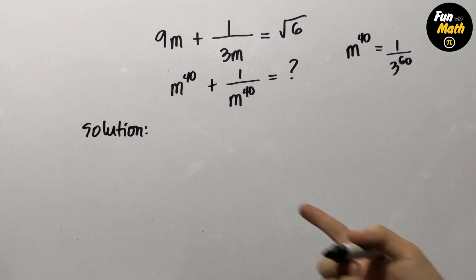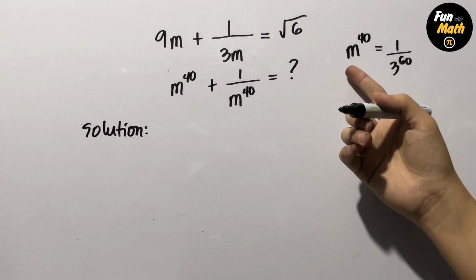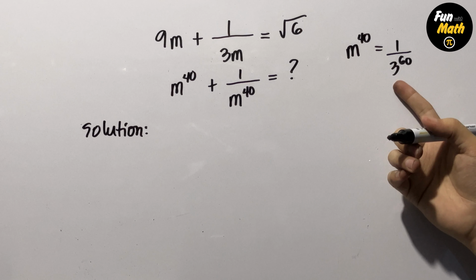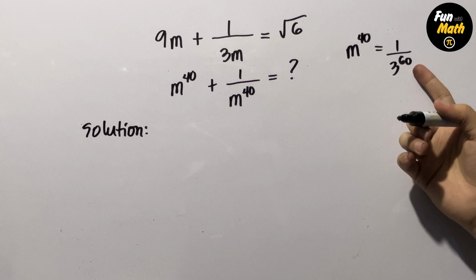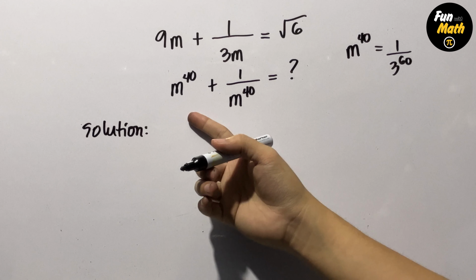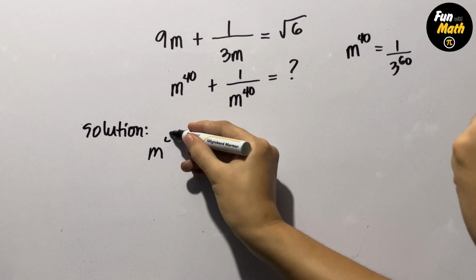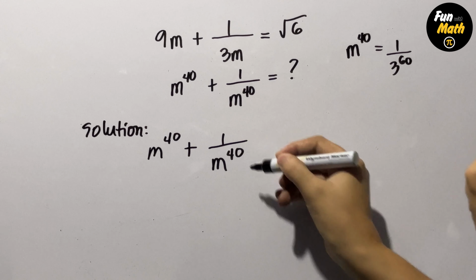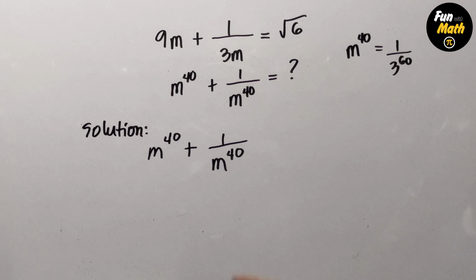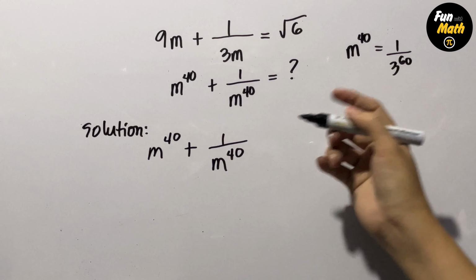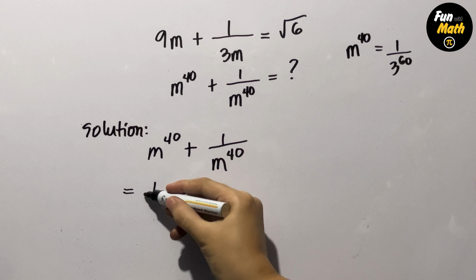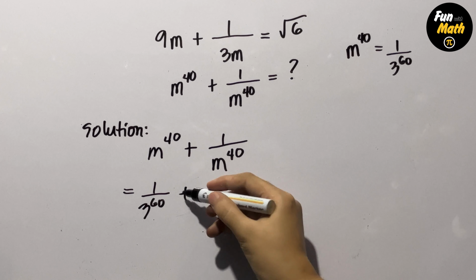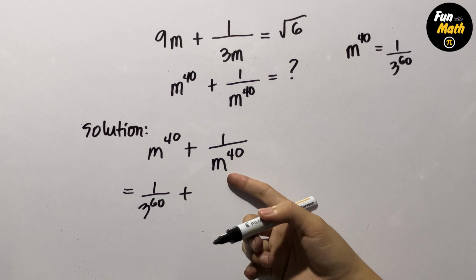Now to continue, we have the value for m to the power of 40, which is equal to 1 over 3 to the power of 60. So let's go back to our problem. We need to find m to the power of 40 plus 1 over m to the power of 40. Now we have the value for m to the power of 40, which equals 1 over 3 to the power of 60, plus 1 over m to the power of 40.